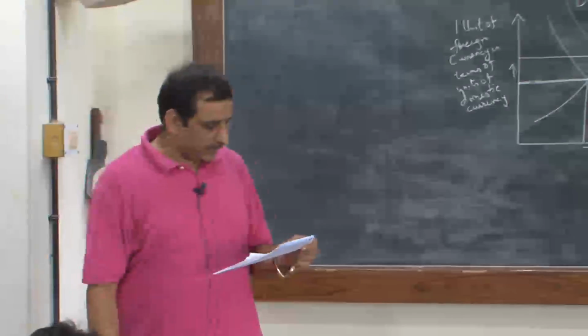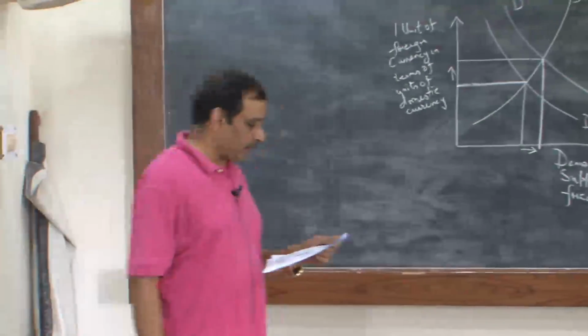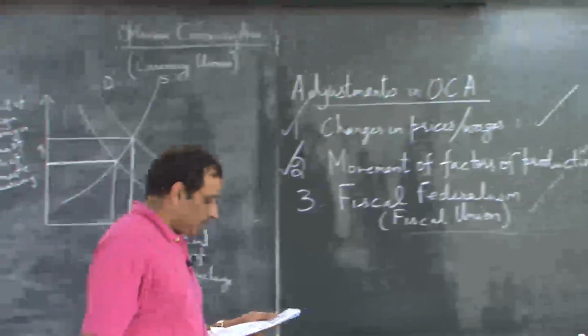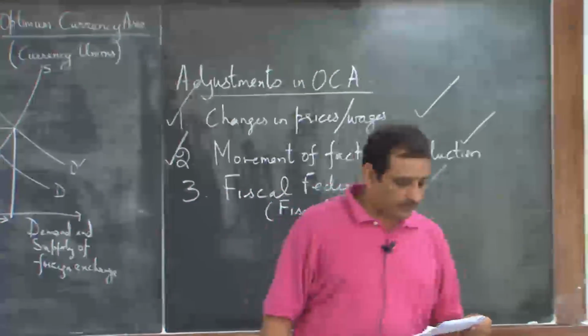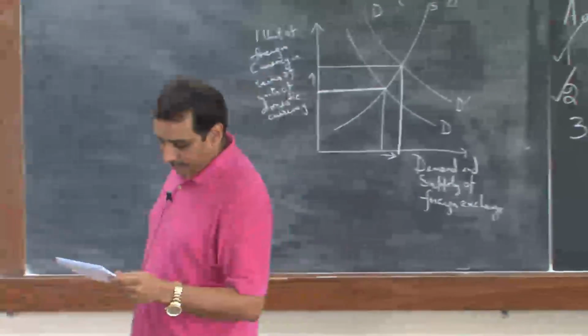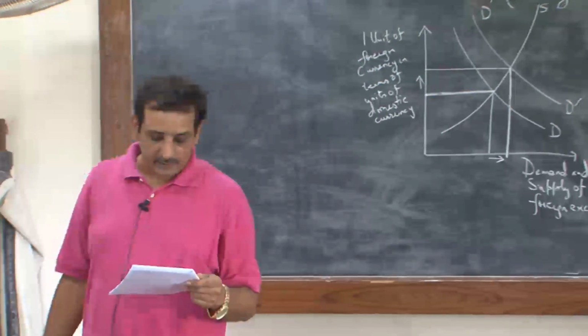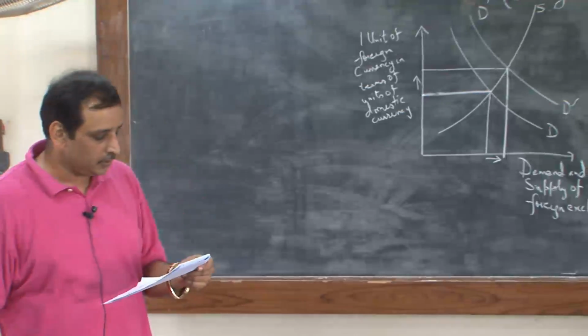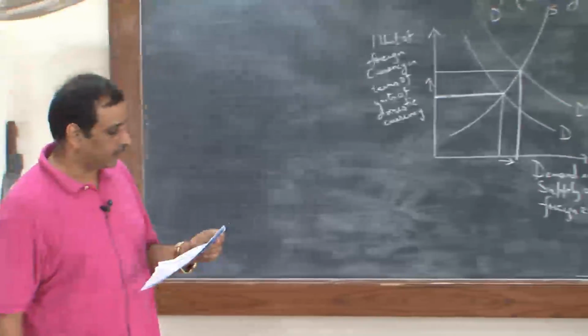Now look at the three criteria for an OCA. One is the OCA Integration Criterion, the second is the OCA Symmetry Criterion, and the third is the OCA Labor Mobility Criterion.